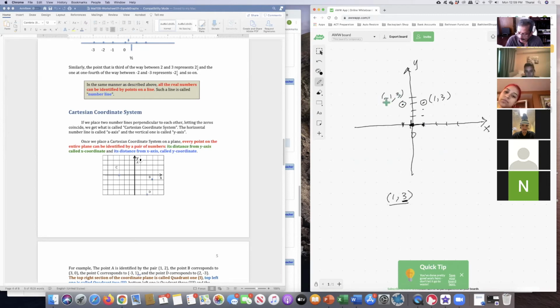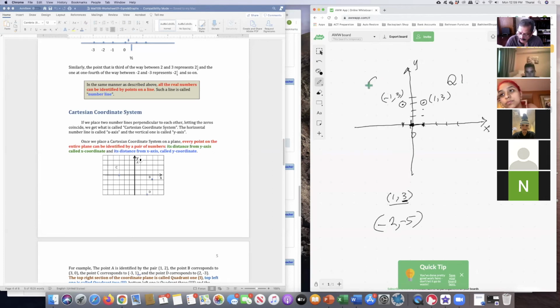Okay, so you learned it before, so I'm going to just ask quick questions. -2, -5. Okay, before the question, let me recall that this quadrant, this section where x number and y number both are positive is called quadrant 1.